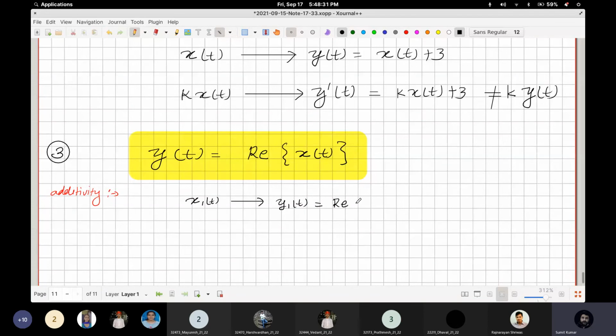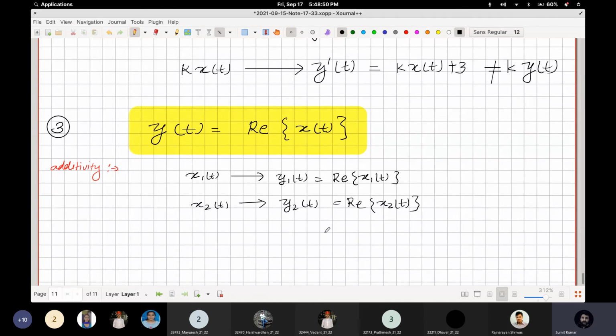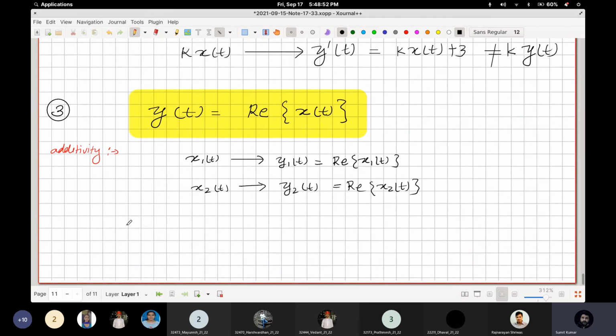It will be the real part of x1t. If you give x2t as input, you get y2t, and y2t will be equal to the real part of x2t.